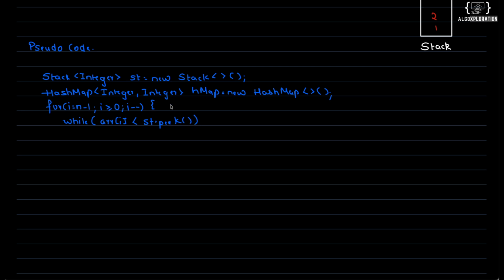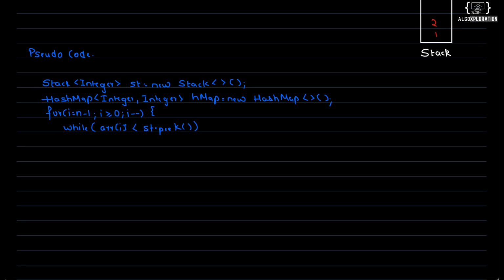Remember, if the top of the stack is greater than the current element, then we need to pop it. And we need to keep popping until I don't see any element which is lesser than the current element. So I'm having a while loop.